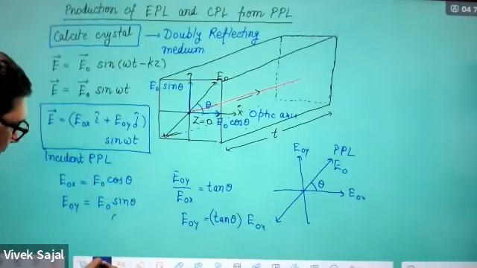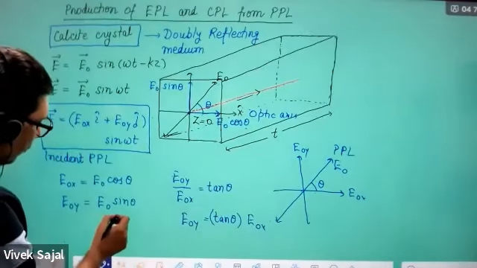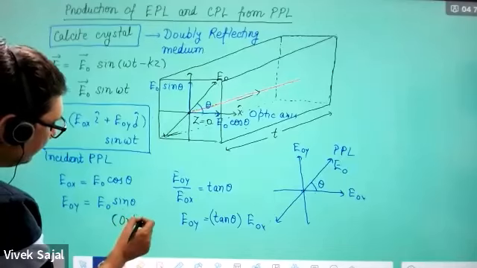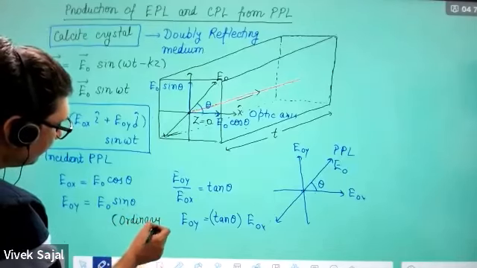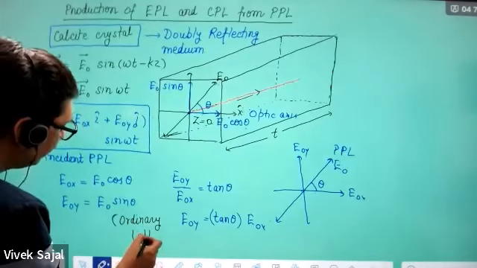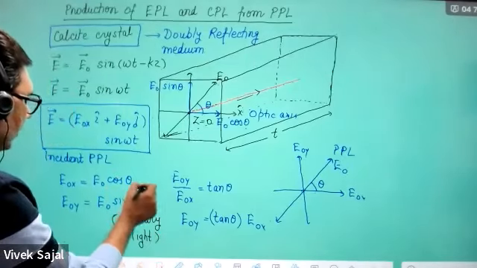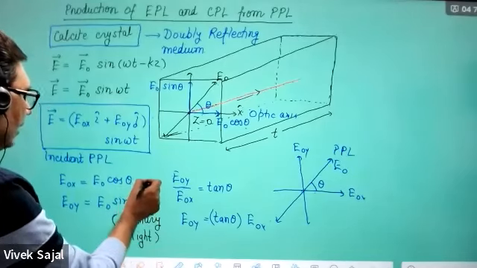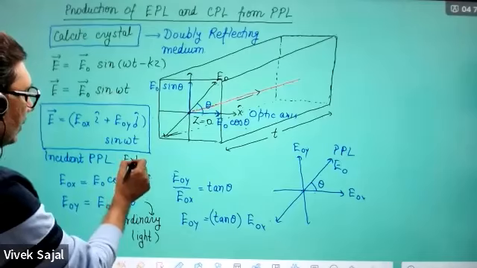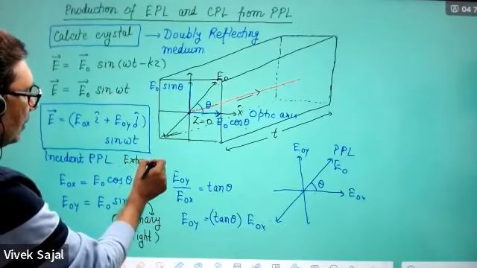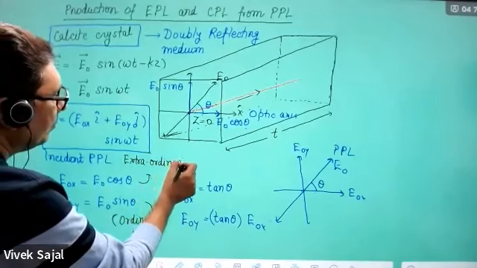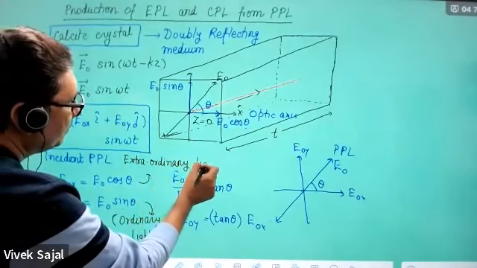The lower one, the Y component, is going to act as ordinary light. This one is extraordinary light, inside the doubly refracting medium.